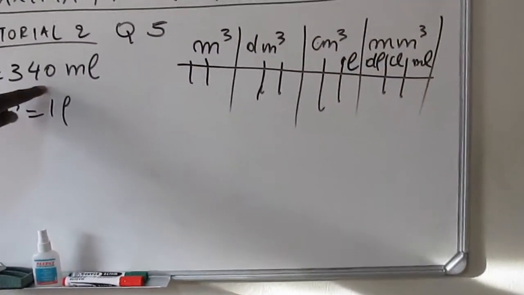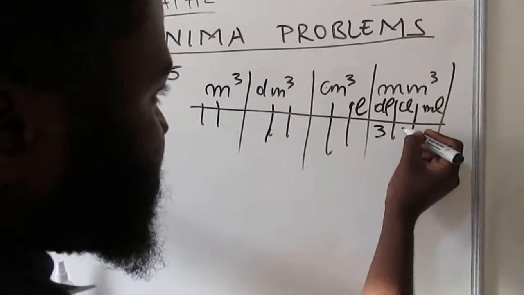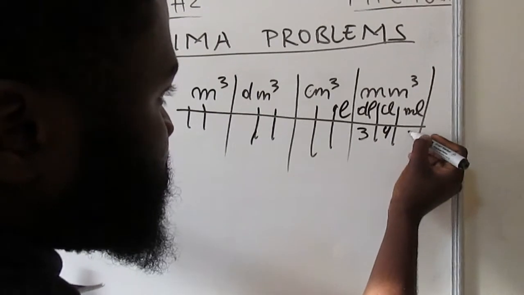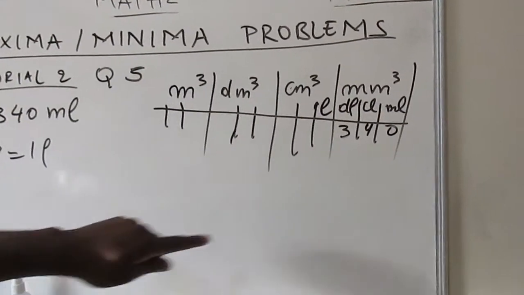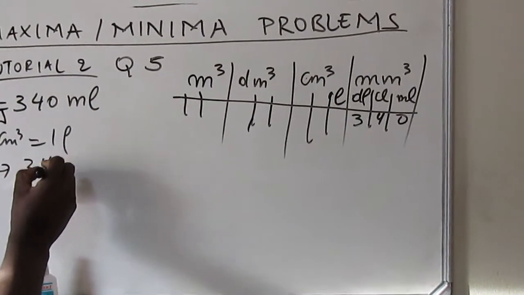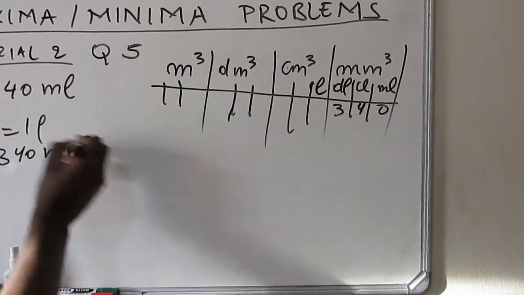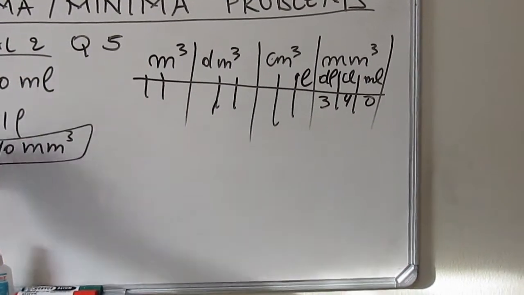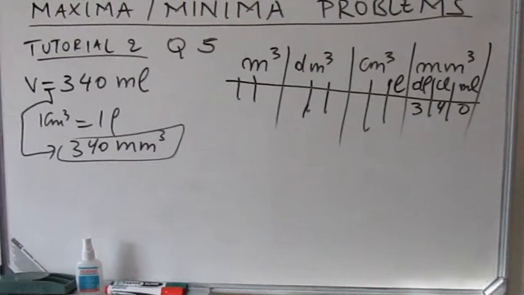We have 340 milliliters, which is the same thing as 340 millimeters cubic.